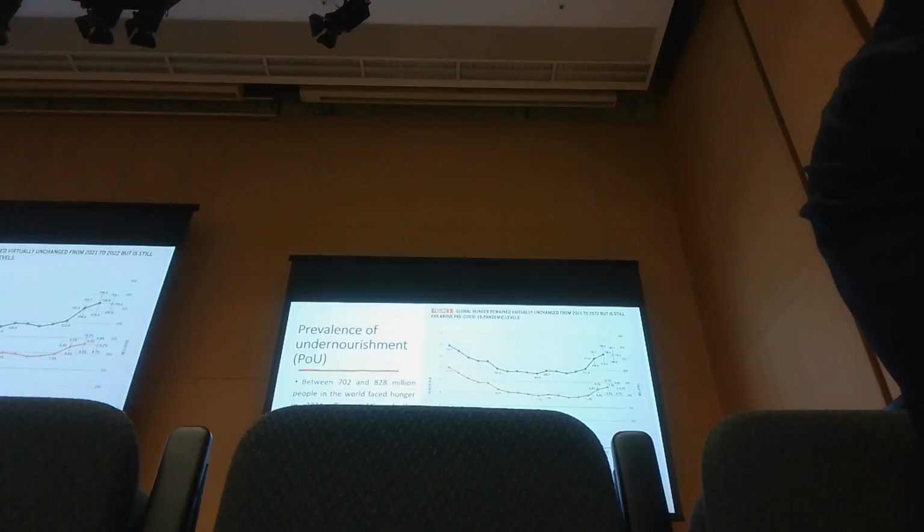But then you can see after, this is after COVID, right? We remember COVID-19. So the end of 2019 and then 2020, as you can see, this pandemic increased the level of undernourishment in the world.